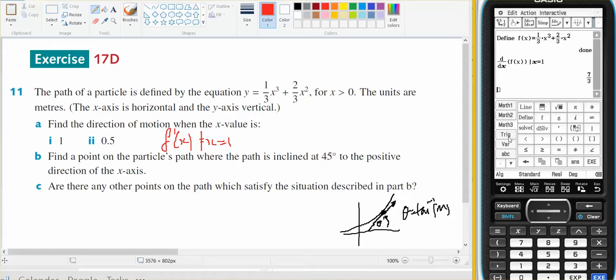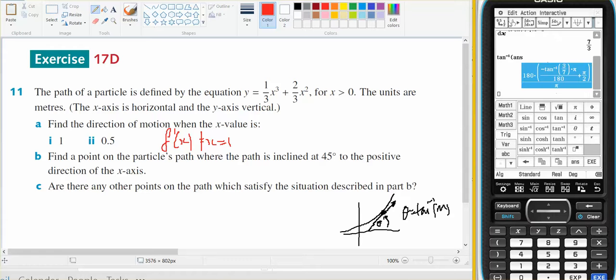I'd then take the inverse tangent of 7/3, making sure I'm in degrees, and that's 66.8 degrees for the first one.